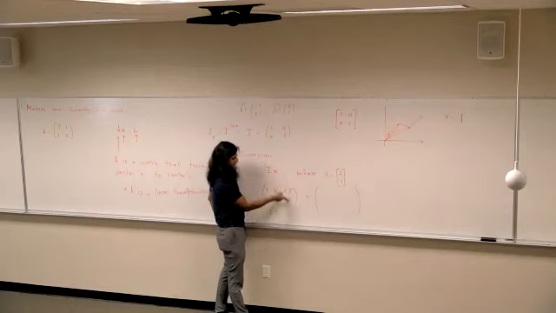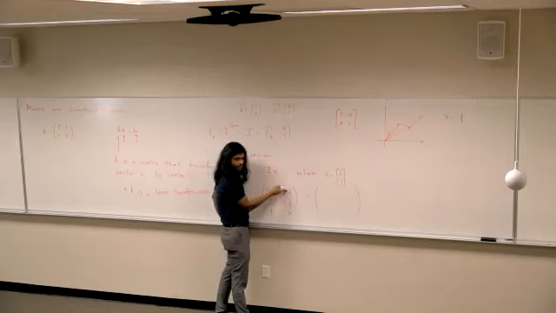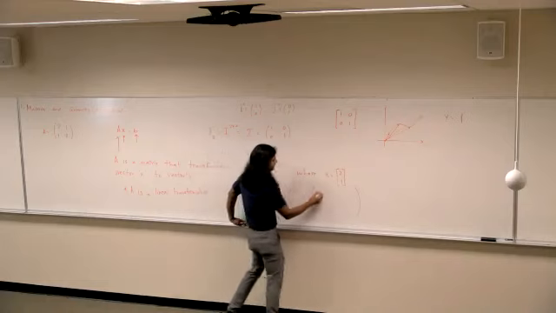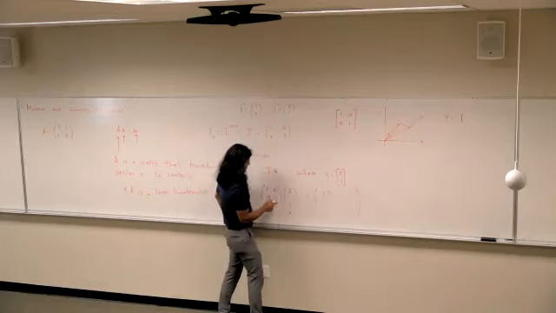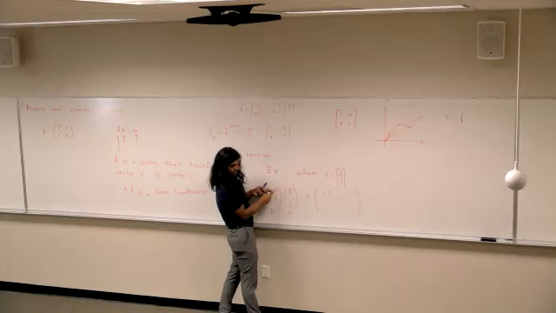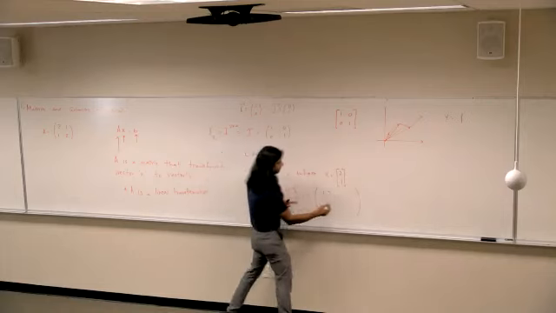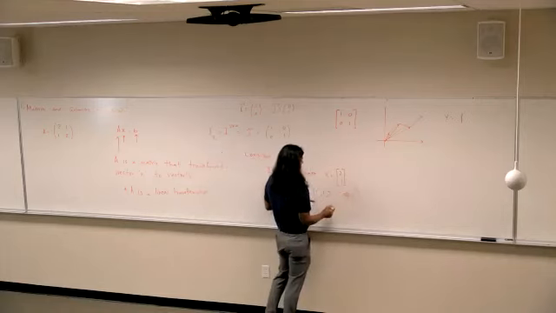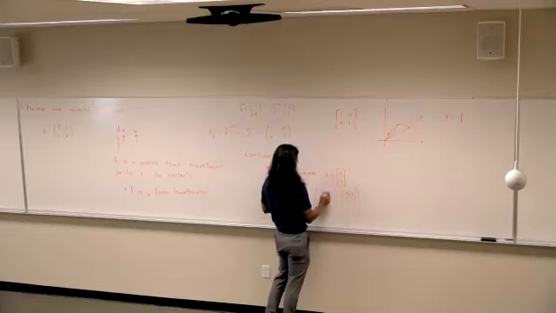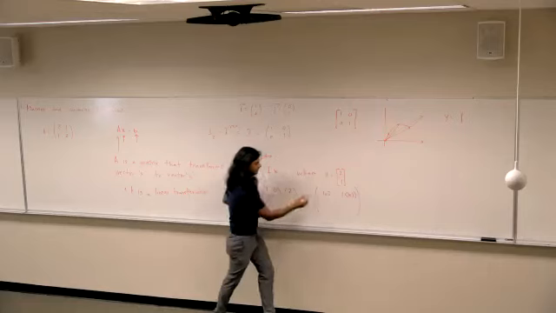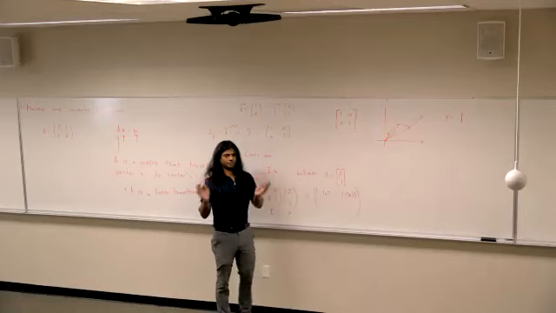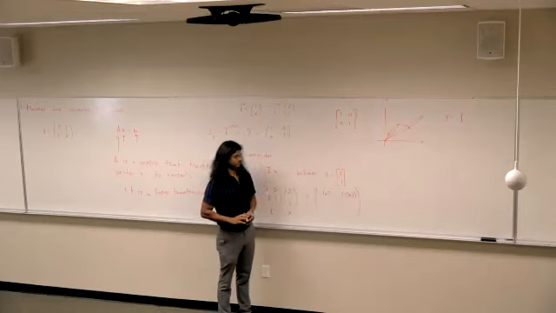Good. In other words, what is the dot product here? How do we find it? 1 times 2. Yes. And then 0 times 1. What else do we do? Same thing for the bottom two.